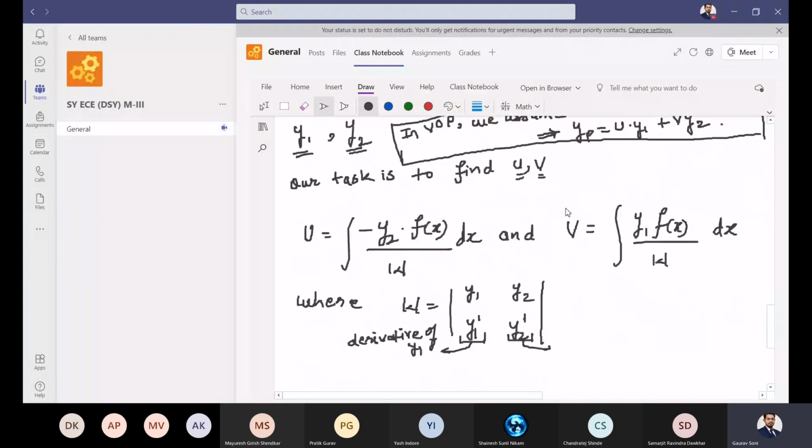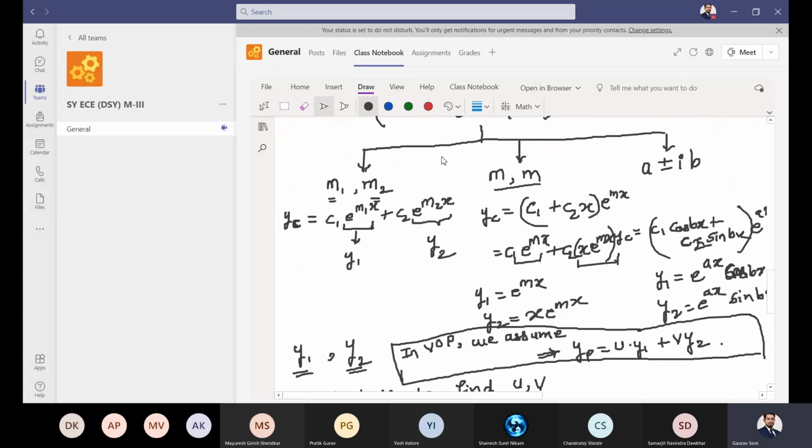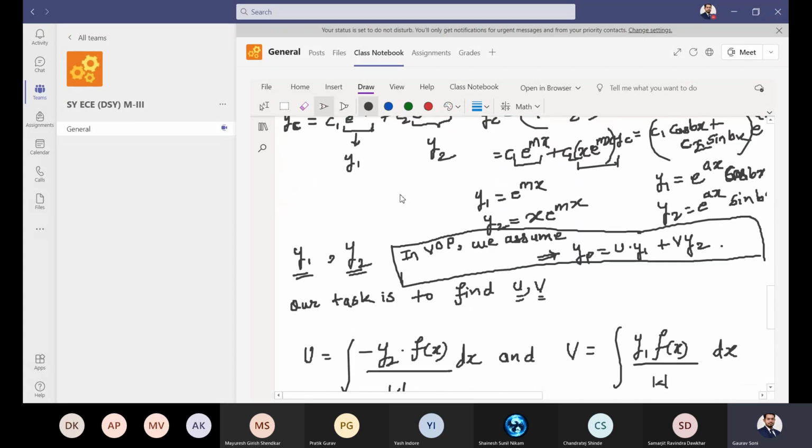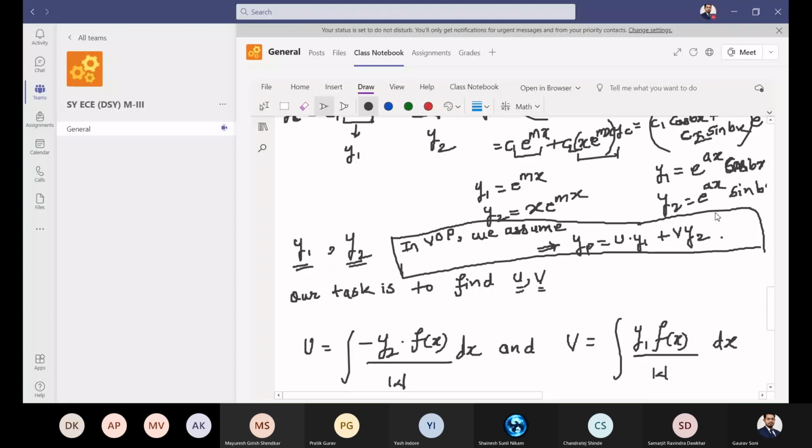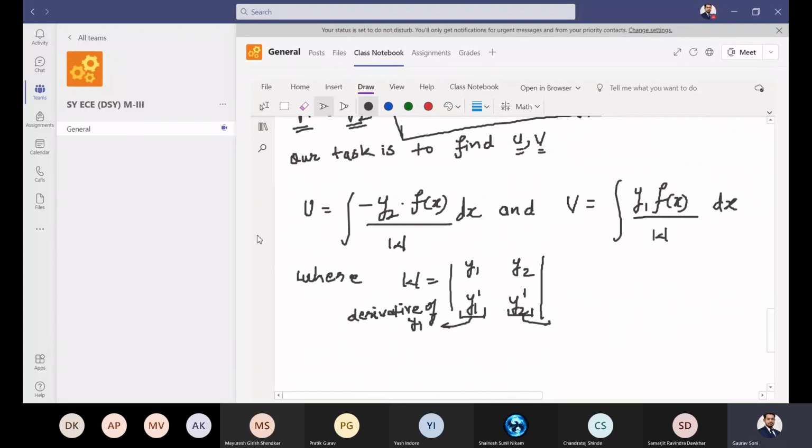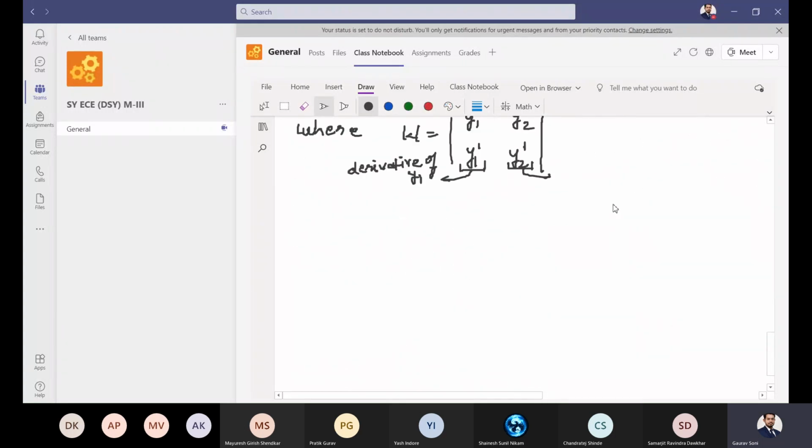You find yc. From yc you declare y1 and y2. Then for the particular solution, let's assume that my solution is of this type. Then use these formulas to find u and v. I hope everything is clear now. Once you are clear, I can go to the solution.